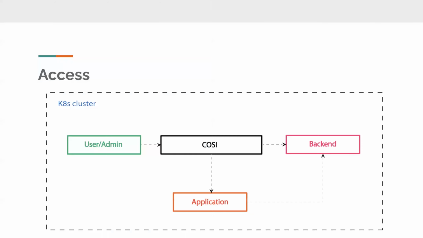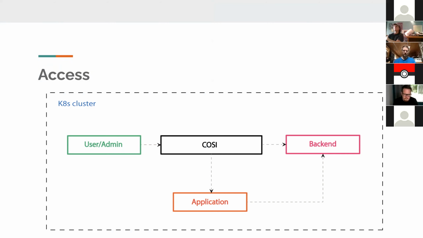So for granting access, there is a fourth actor involved, and that is the application. After a user or admin starts a bucket request to create a bucket, the user or admin again requests credentials for an application to consume that bucket.